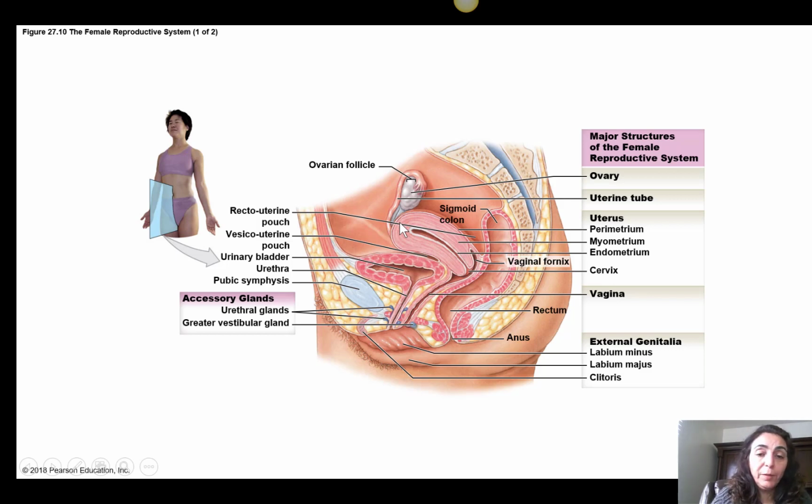So these are the parts of the reproductive system, and also from the external genitalia you have different parts, like here you have the labia majora, labia minora, and other parts that we are going to briefly talk about, not complete.